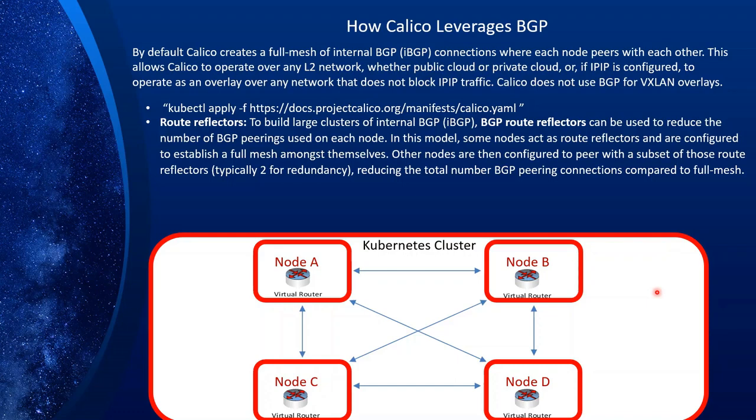Calico supports route reflectors. Basically, what it means is we can select a small number of nodes and then establish full mesh among those nodes, and then have other nodes peer with those nodes.